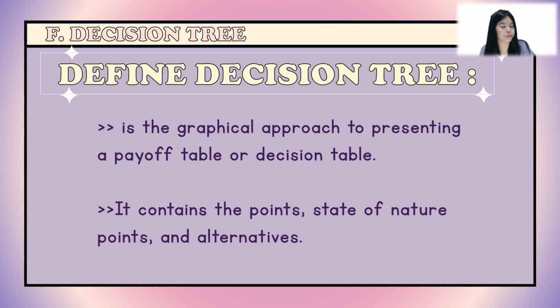And then alternatives are represented by the arrows, which show the choices of the possible outcomes. So, itong decision tree, ginagamit siya to clarify and find answers to complex problems and to weigh the possible actions against one another based on their costs, probabilities, and benefits. Yun yung gamit ng decision tree, kaya natin siya ginagawa.